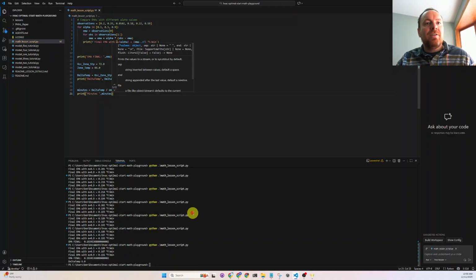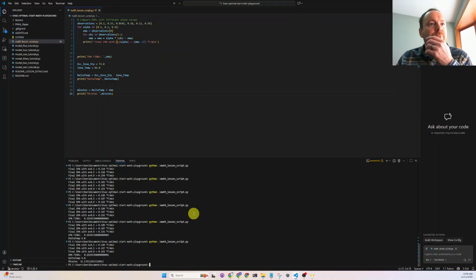The inverse or whatever. 31 minutes. So this data is degrees per minute, and we just need to cancel out our units to get minutes, and then our optimal start equation would be looking that we need approximately 31 minutes to condition the zone.